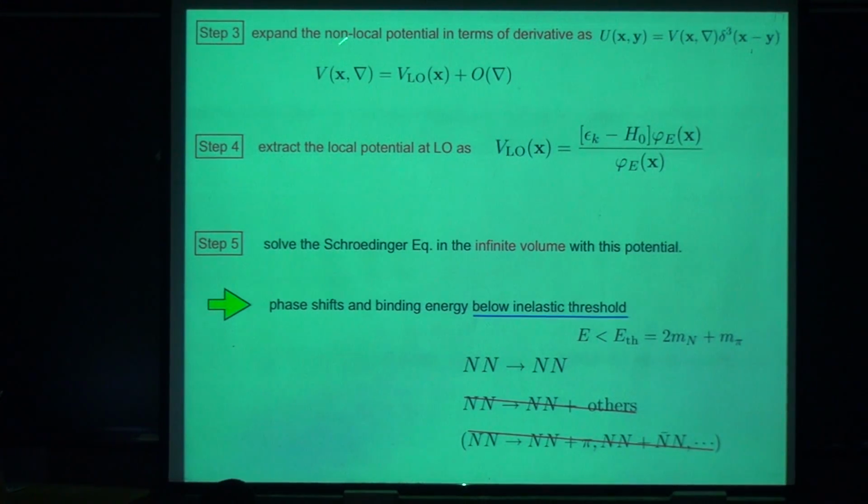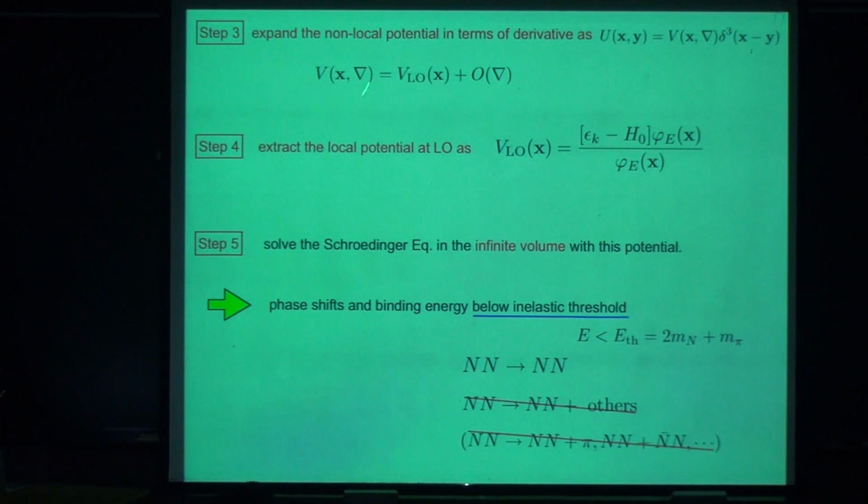Then we expand this non-local potential in terms of derivatives. So U(x,y) equals some function of x and derivative times a delta function. At the leading order, we have the no-derivative term, so a local function plus derivative terms.